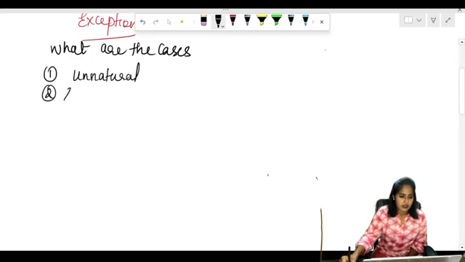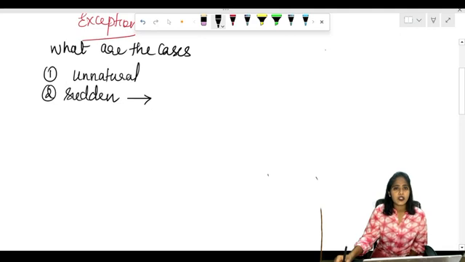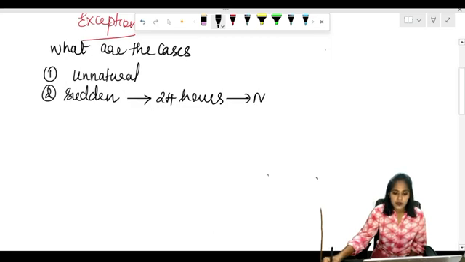Next, sudden death. Sudden death means a death which occurs within 24 hours in a person who is not suffering from any pre-existing illness.